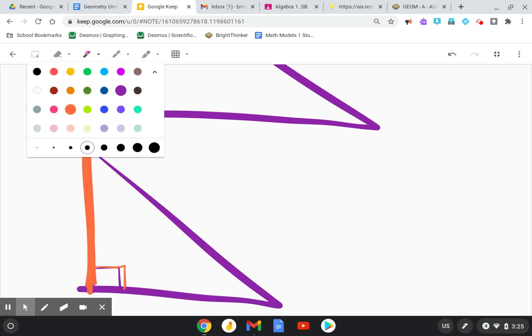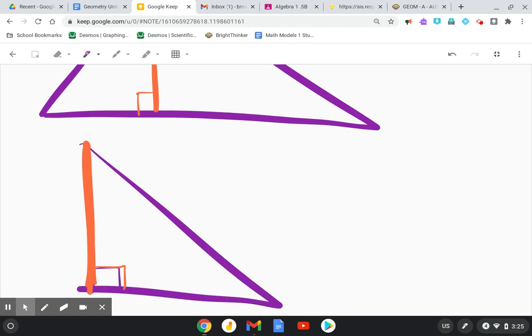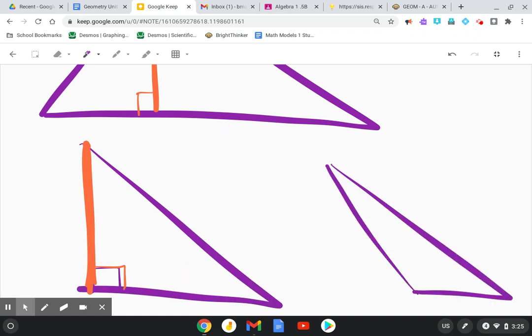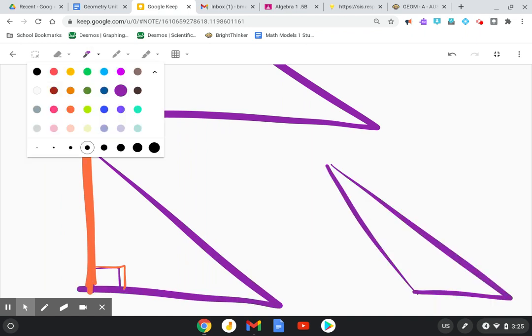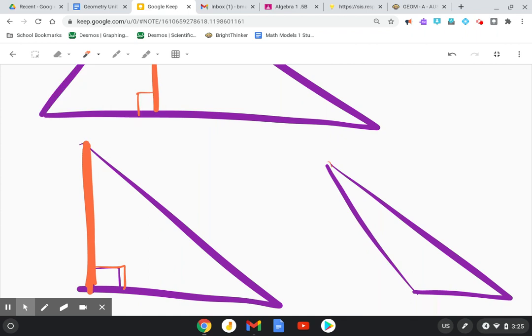Or in another instance, what if I have a vertex that hangs out over the edge? If this is the vertex I'm looking at, then this would be the altitude of the triangle, and I need to, in an imaginary way, extend that side out in order to make that work.